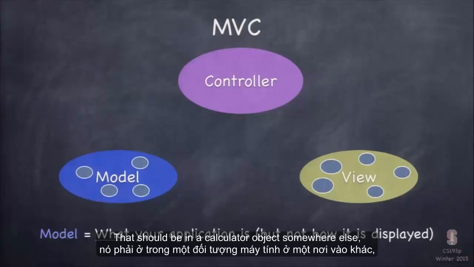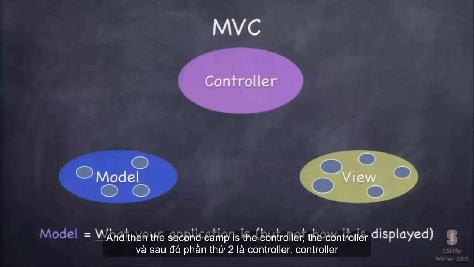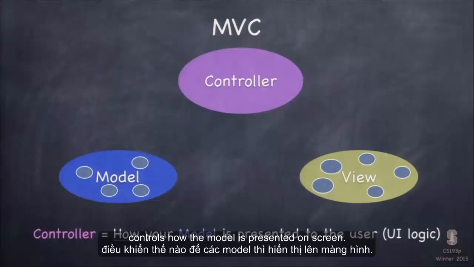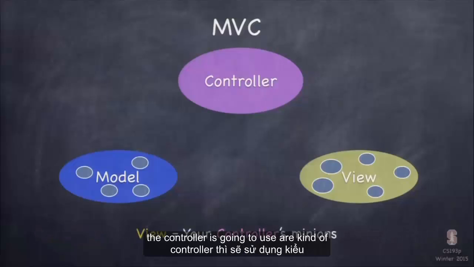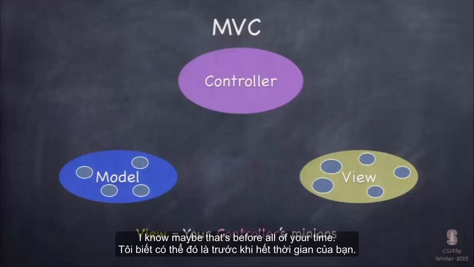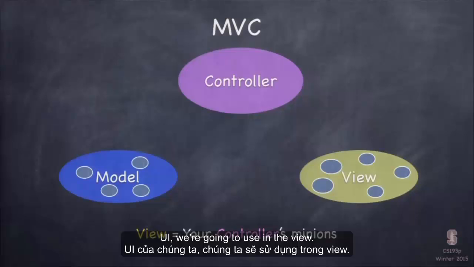That should be in a calculator object somewhere else. It shouldn't be in our controller. And then the second camp is the controller. The controller controls how the model is presented on screen. And the view is the minions, the classes that the controller is going to use, kind of like the building blocks, the Lincoln logs. I don't know, maybe that's before all of your time, but the things we're going to use to build our UI are in the view.